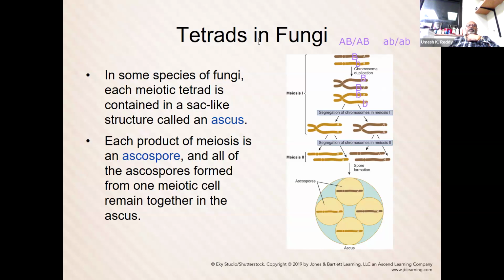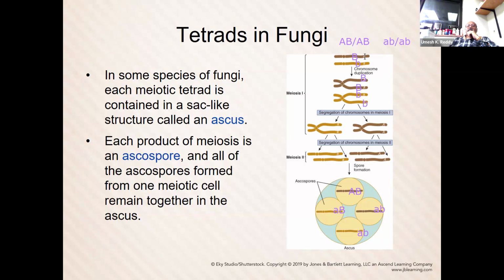So as a result of that recombination here, this is a parental ditype. This is another parental ditype, whereas this is recombinant, and this is recombinant. Folks, can you explain it? Why did it happen?